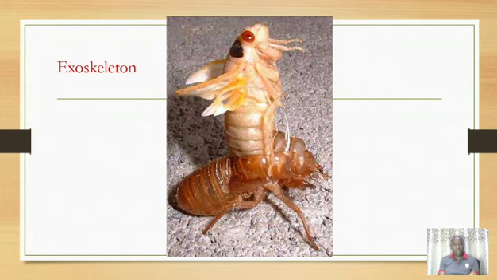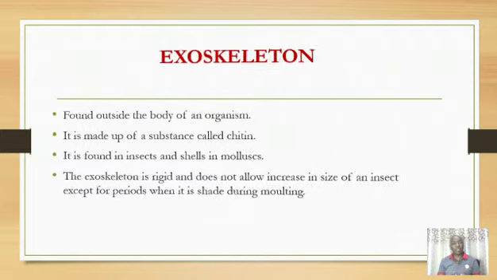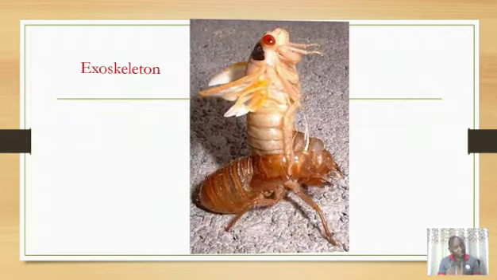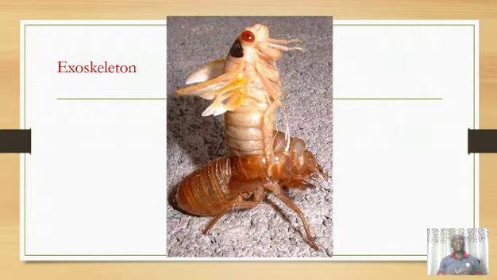Therefore, that exoskeleton was found on the outside of the body of this insect. That is why we have said that an exoskeleton is found outside the body of the organism, and it does not allow the organism to increase in size. Otherwise, if it is to increase, then it should carry out what we are calling molting.